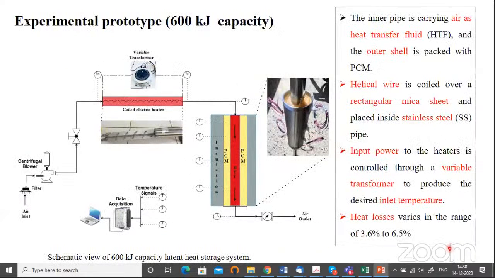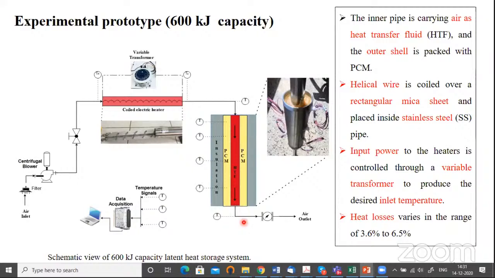Now, on the basis of that initial characterization of the lithium nitrate and potassium nitrate eutectic system, we moved ahead to design a prototype of the experimental setup, which can be a precursor to the actual design of the latent heat energy storage system for the same range of temperature. So this slide shows the latent heat energy storage system experimental prototype. You can see that we have the PCM, which is annulized with heat transfer fluid.